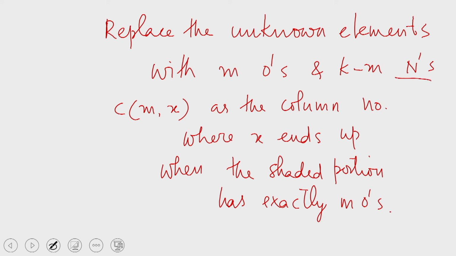So, the remaining are all larger than the elements that we place in the unshaded portion. We have put m zeros in the shaded portion along with these largest elements. Then the value of m will decide where x will end up finally.